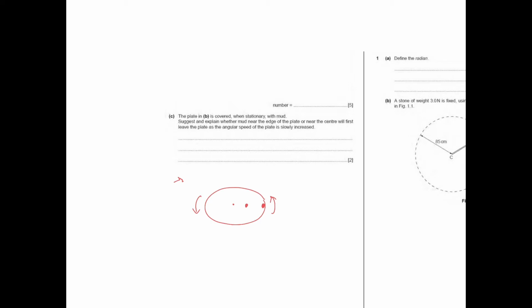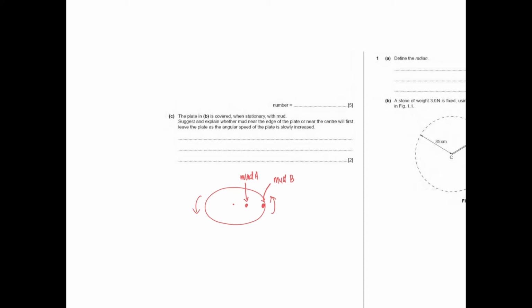Let's say this is mud A, and let's say this is mud B. Okay, so we want to know when the plate is rotating and increasing in speed, which mud will slide off first?